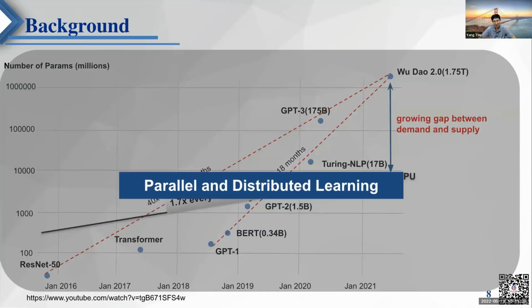So we think in the next 10 years, we still need to use the current computer architecture to do AI training and inference. So the only solution for the current computer architecture, I believe, is parallel and distributed AI. That's the only practical solution so far, I think.